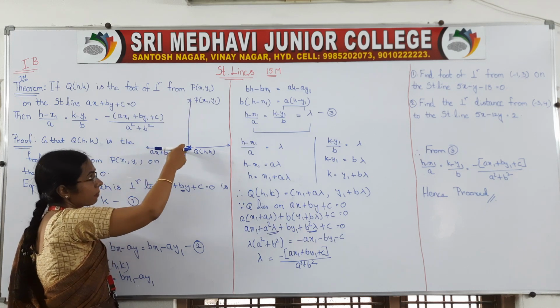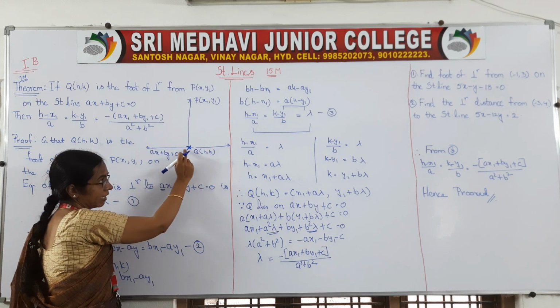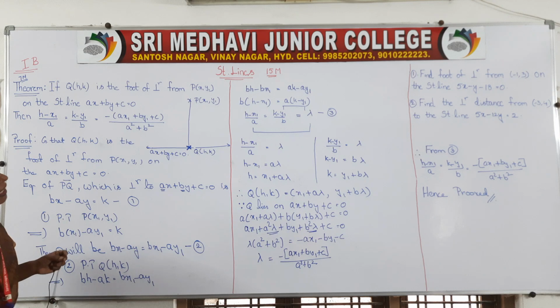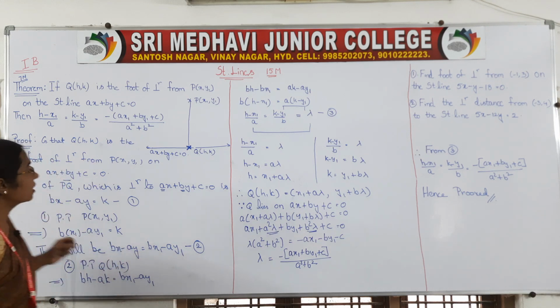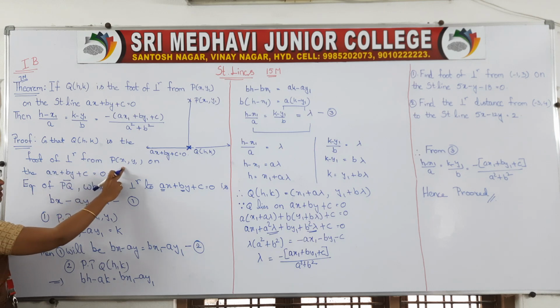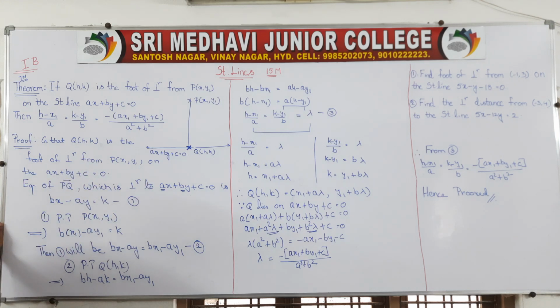We have taken one perpendicular from the point P on this line. Its foot is Q(h, k). From which point we have taken the perpendicular? P(x1, y1). So, first, given that Q(h, k) is the foot of the perpendicular from P(x1, y1) on this straight line.